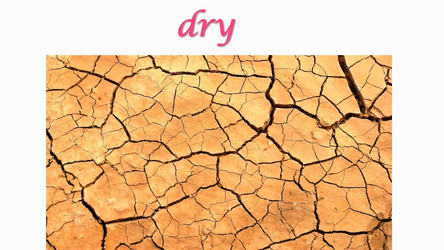Here you can see in this picture, dry means what? Yes, who will tell me? Yes, very good. Dry means not wet. Repeat after me, students. Dry means not wet.